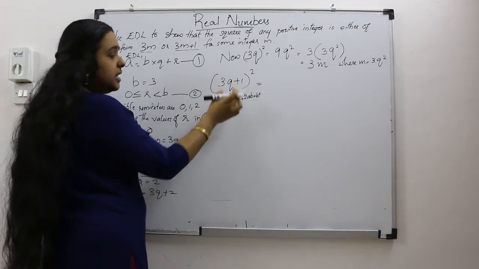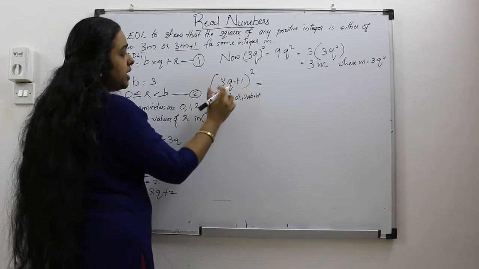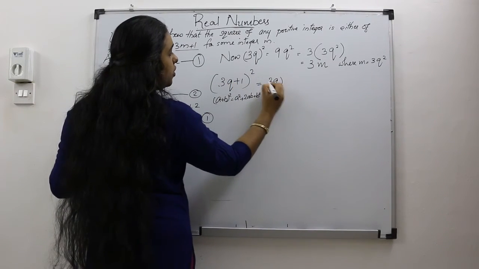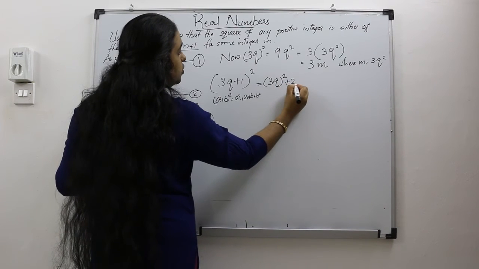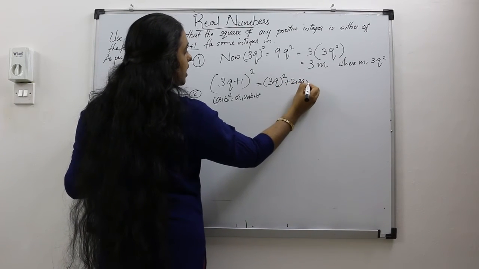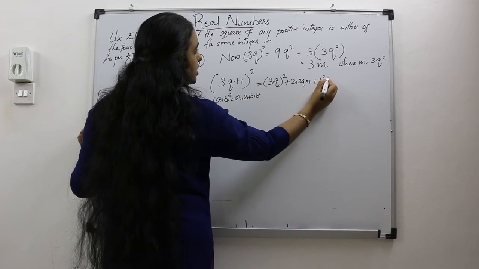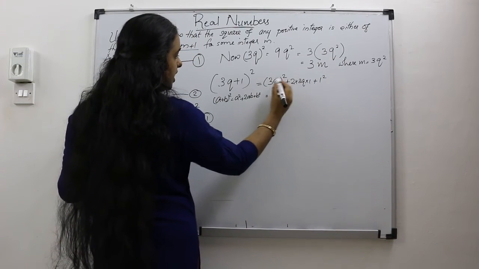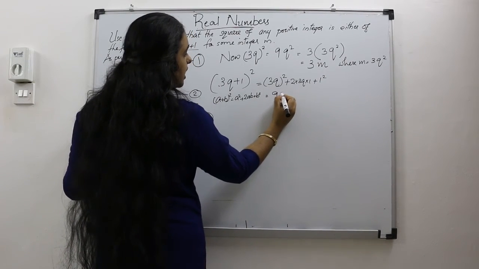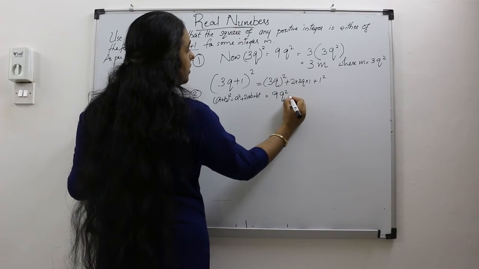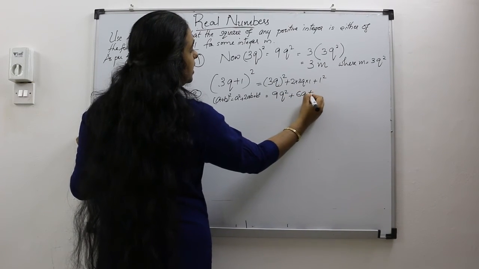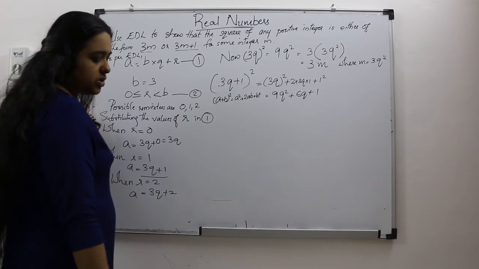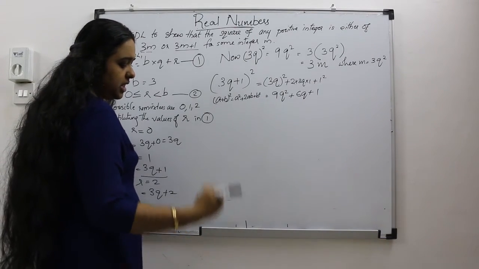So we are going to apply this rule. So 3q the whole square plus 2 into 3q into 1 plus 1 square. It will be 9q square plus 6q plus 1.